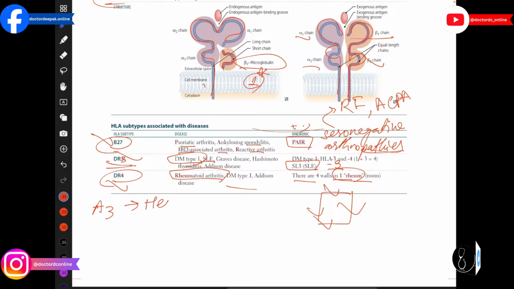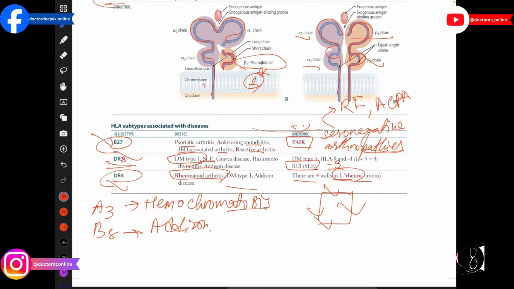A3 is with hemochromatosis. You know it's a buildup of too much iron. And we also have B8 that is associated with Addison disease, also myasthenia gravis, and also Graves' disease.